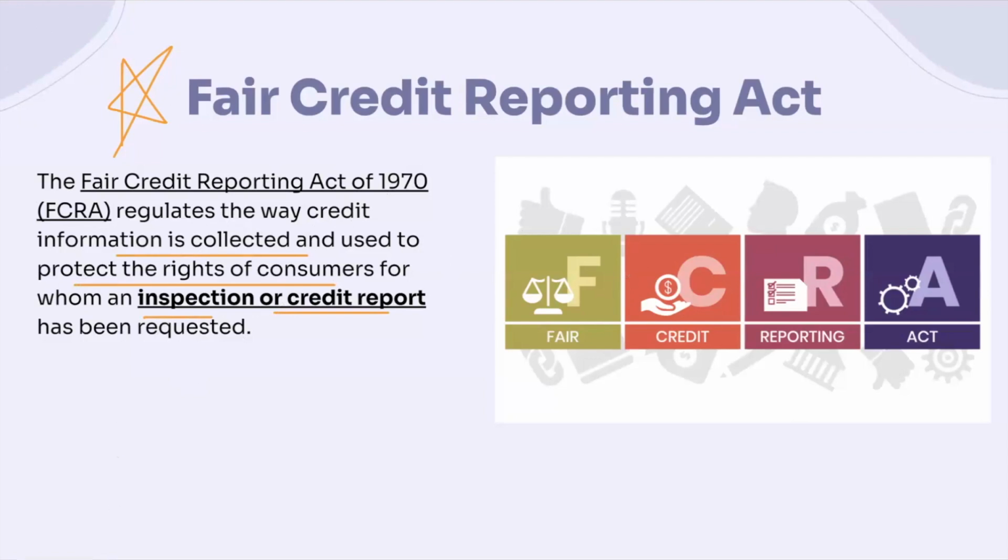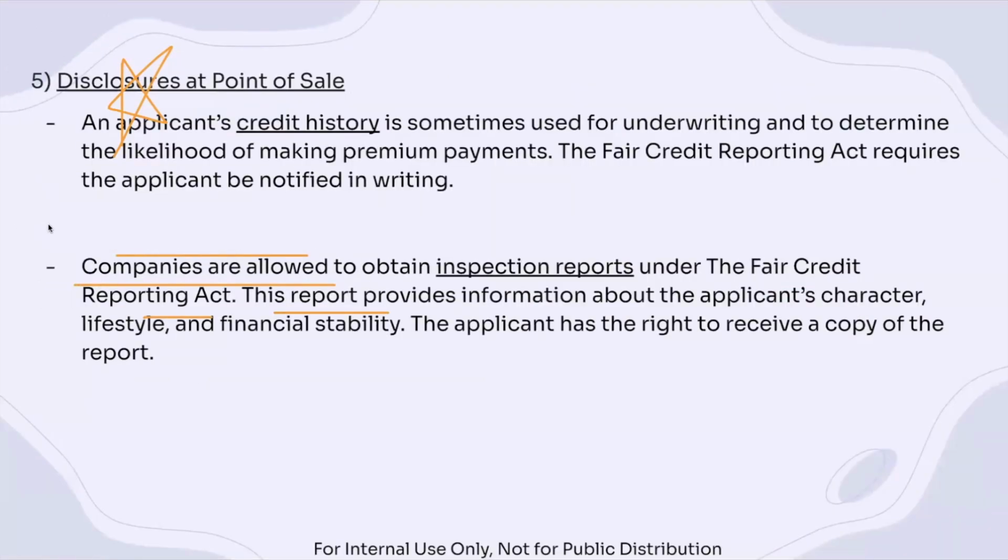So now let's take a look at what a credit report and an inspection report are. The credit report is used for underwriting to determine the likelihood of making premium payments. Why is that important? Well, oftentimes on the application there will be places where the applicant will need to state their net worth and their annual income.